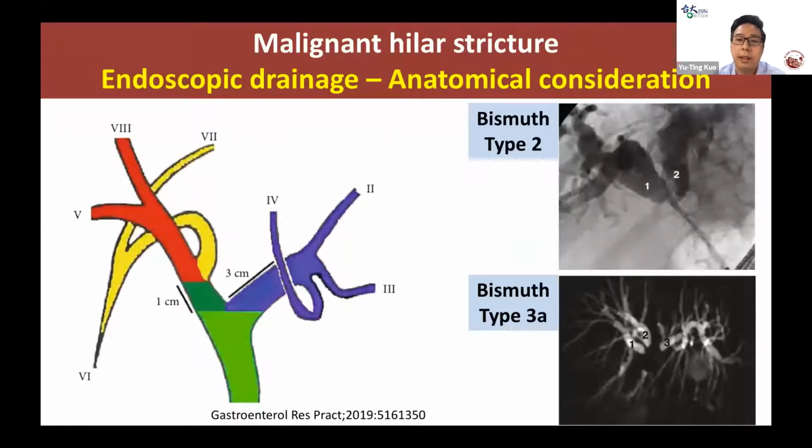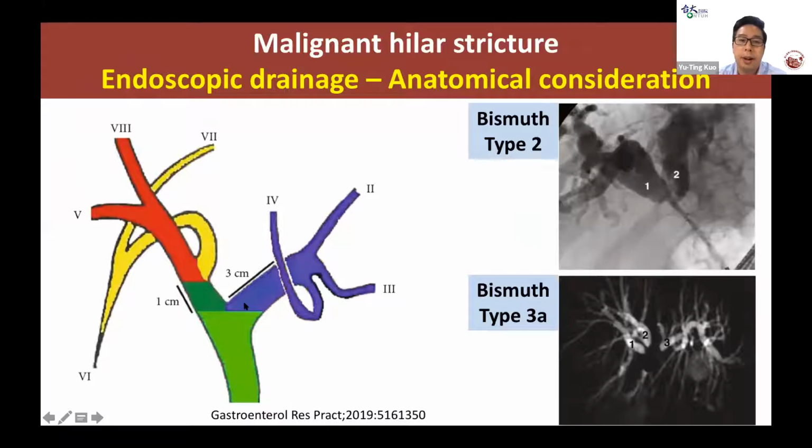I think in hilar obstruction, the anatomy is very important because you can see that the first branch of the left hepatic duct is around 3 centimeters, longer than the right hepatic duct before it separates.